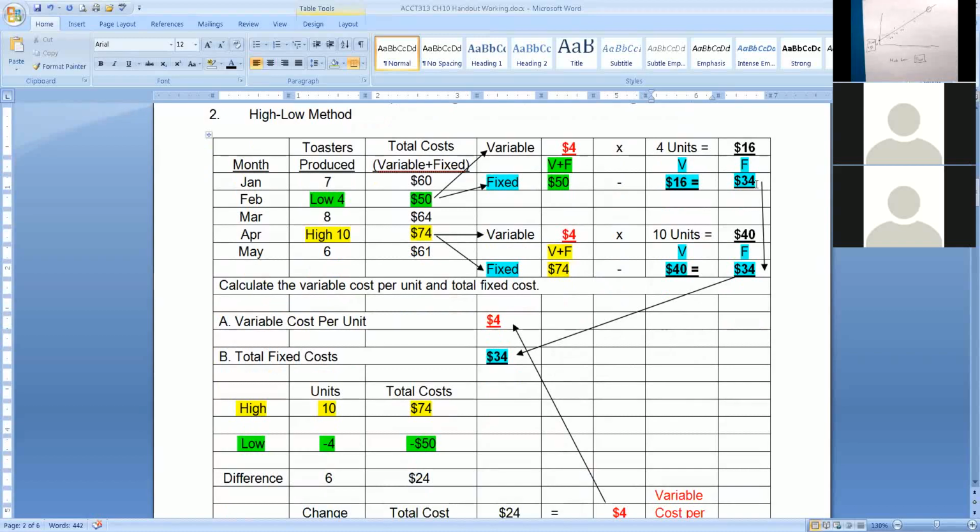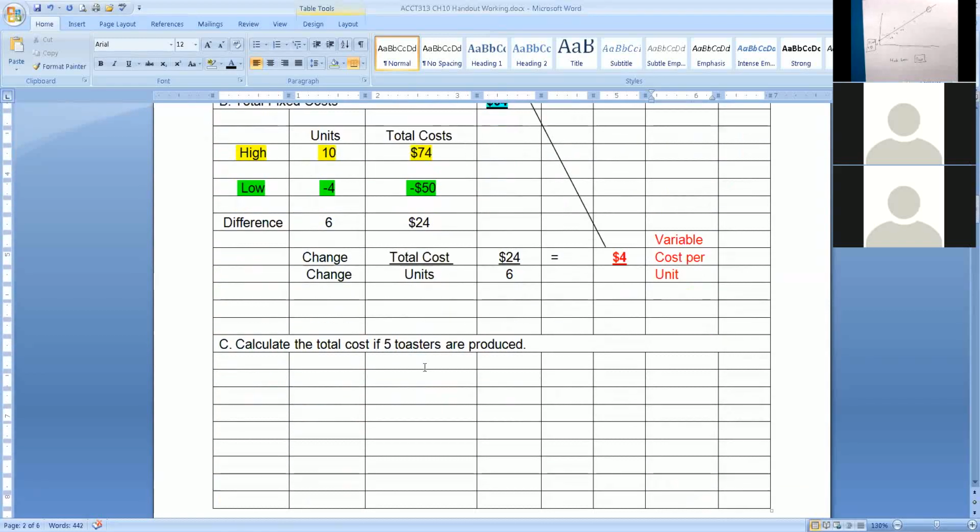Now at the very bottom it says, let's do it the other way around. Let's take the variable plus the fixed and get the total cost. So down here it says, what if you made 5 toasters? What would the total variable cost be?